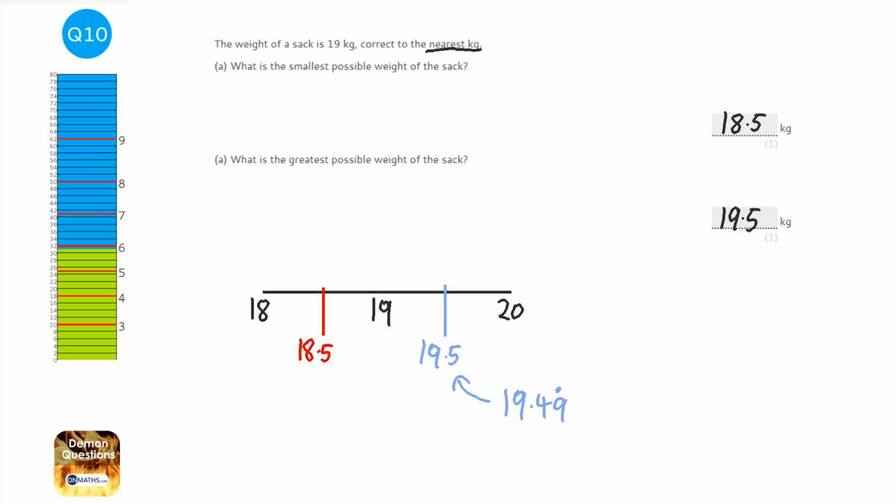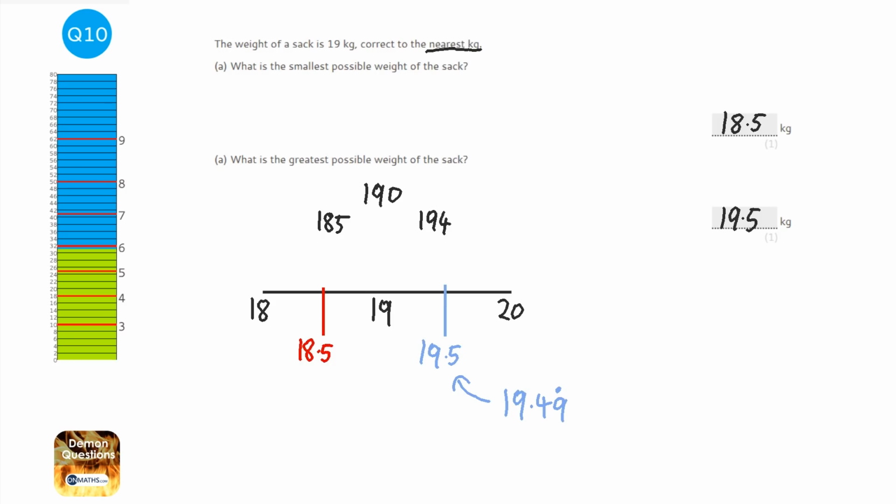Now this works because it's a continuous scale. If you were doing an amount of counters, say if it was 190 counters to the nearest 10, then the lowest one would be 185, that would be fine. But the highest it could have been before it was rounded to the nearest 10 would be 194, because you can't get like a 0.1 of a counter.